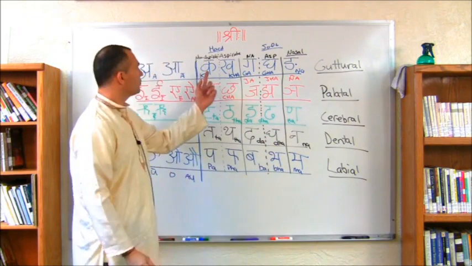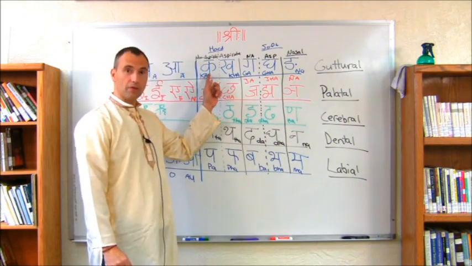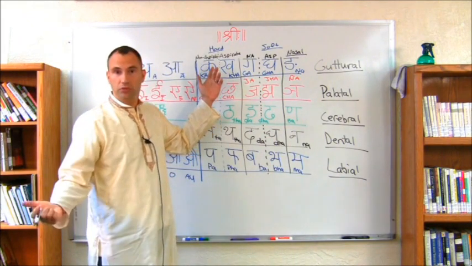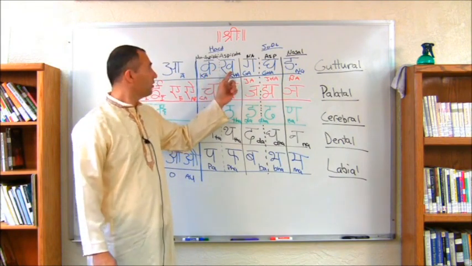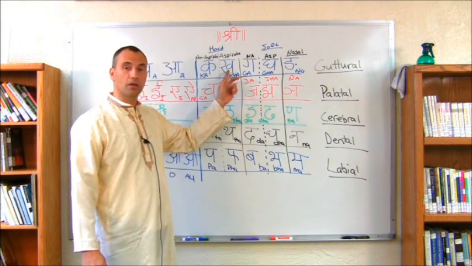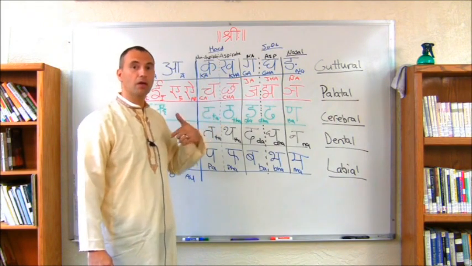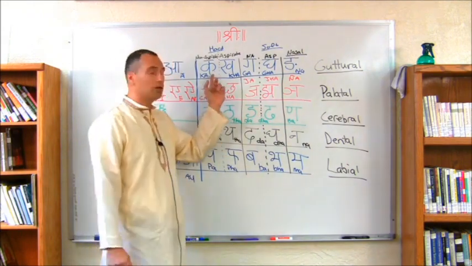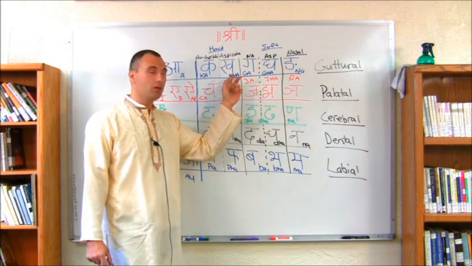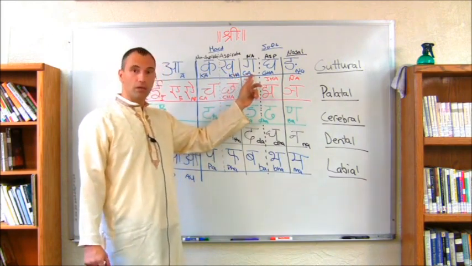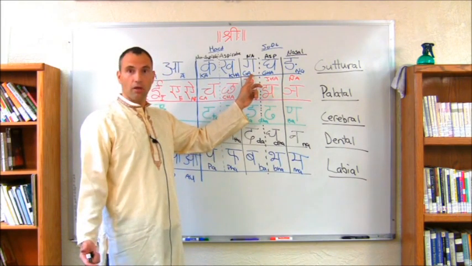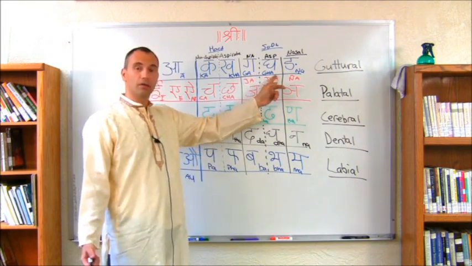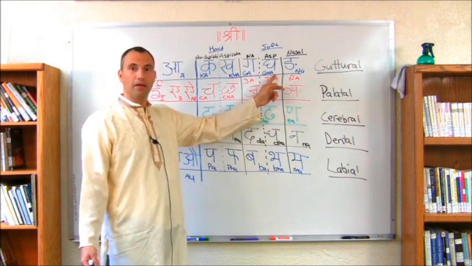So, the first sound is k. Say k, just like cake. Okay? And then kh. Say kh. Aspiration is that extra breath you put into it. Kh. Okay? Then g, like gone. And gh, like big head.